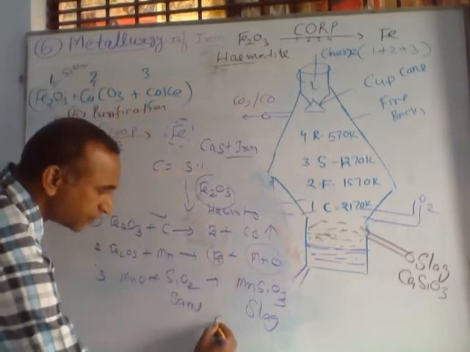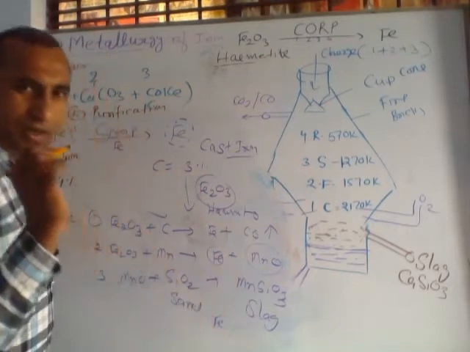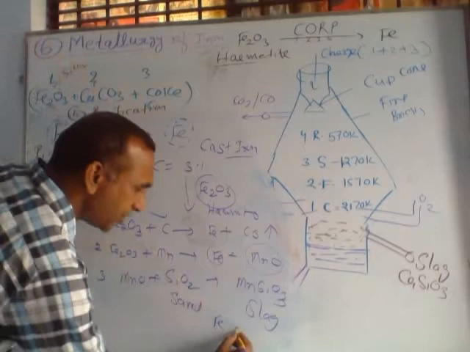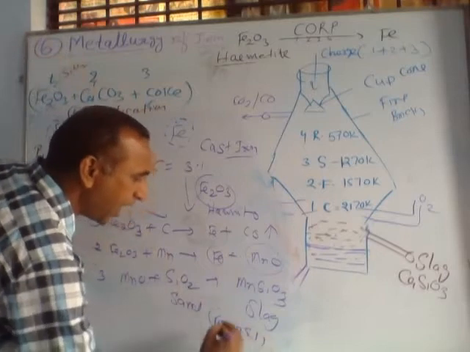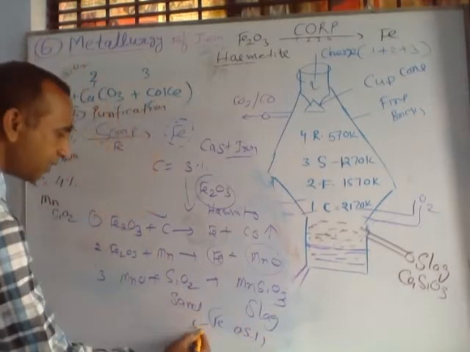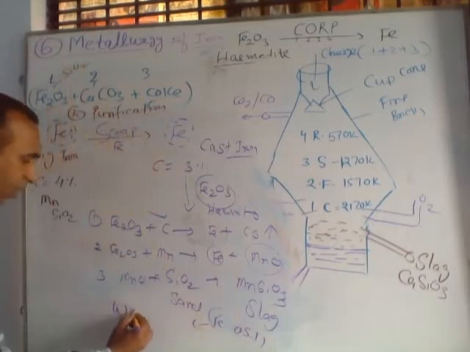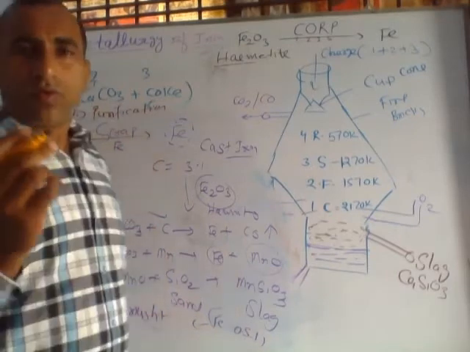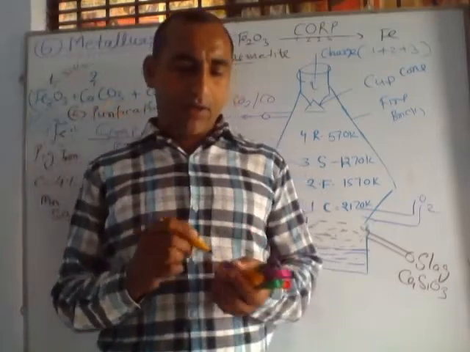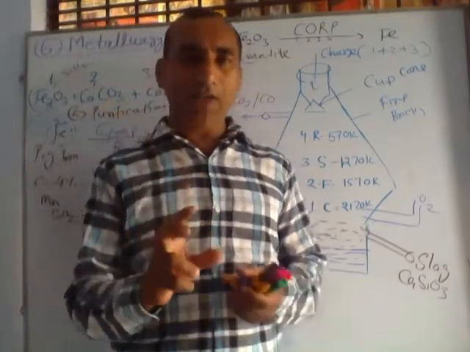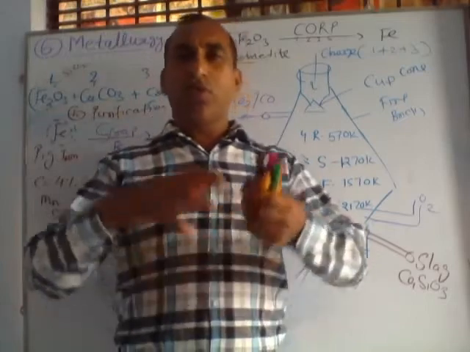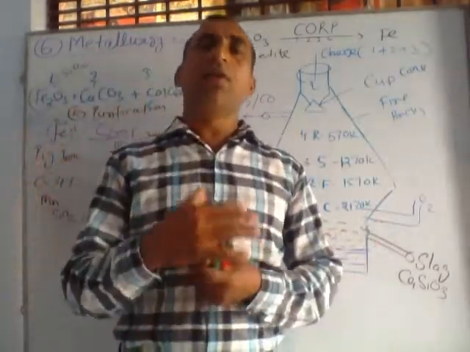In this iron there is a very small amount of carbon present, 0.5%. This iron is called wrought iron.